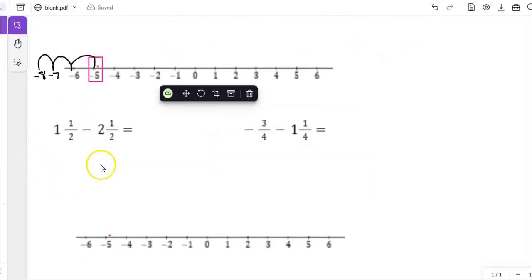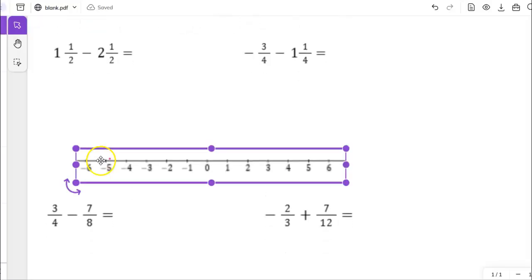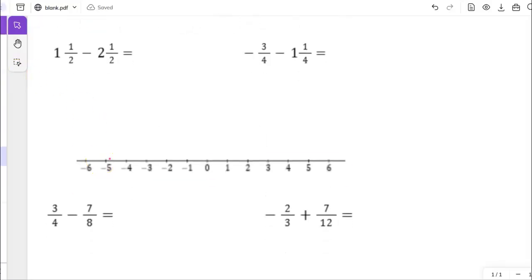All right, then we get into mixed numbers, and mixed numbers are whole numbers and fractions combined. And we're going to subtract our whole numbers from our whole numbers and our fractions from our fractions, or add them if we're adding them. So on this one, I have 1 1/2 minus 2 1/2.